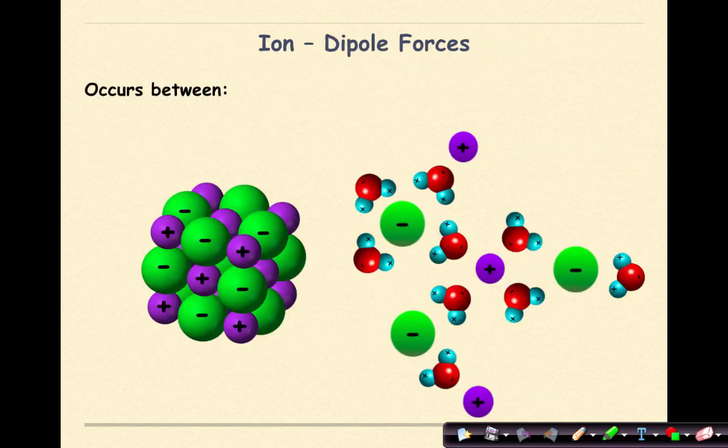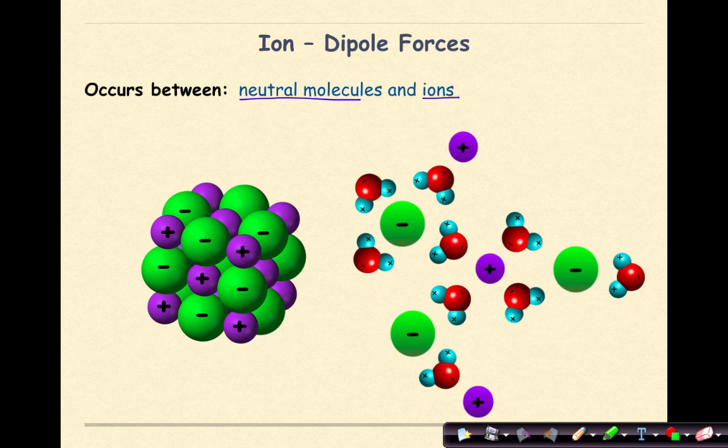Now let's talk about ion-dipole forces. These occur between neutral molecules and ions. So again, neutral molecules and ions. So here I have a representation of sodium chloride with positive ions and negative ions.